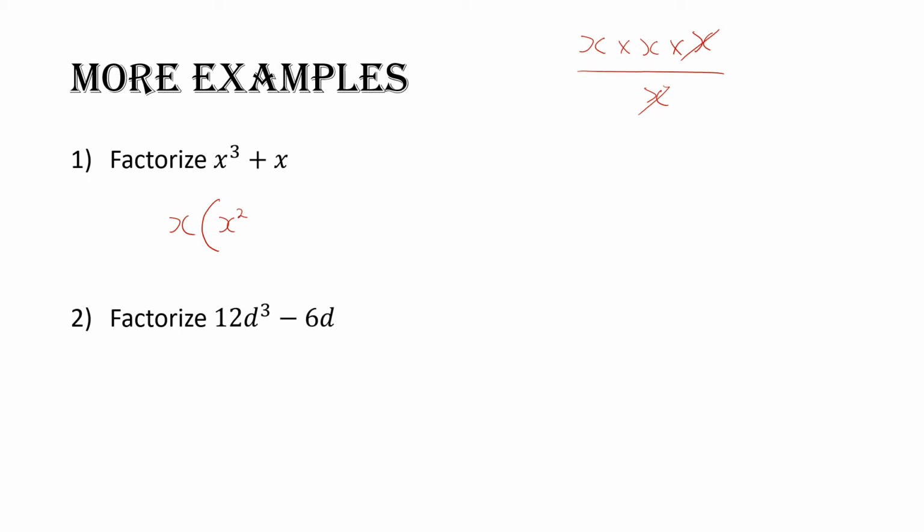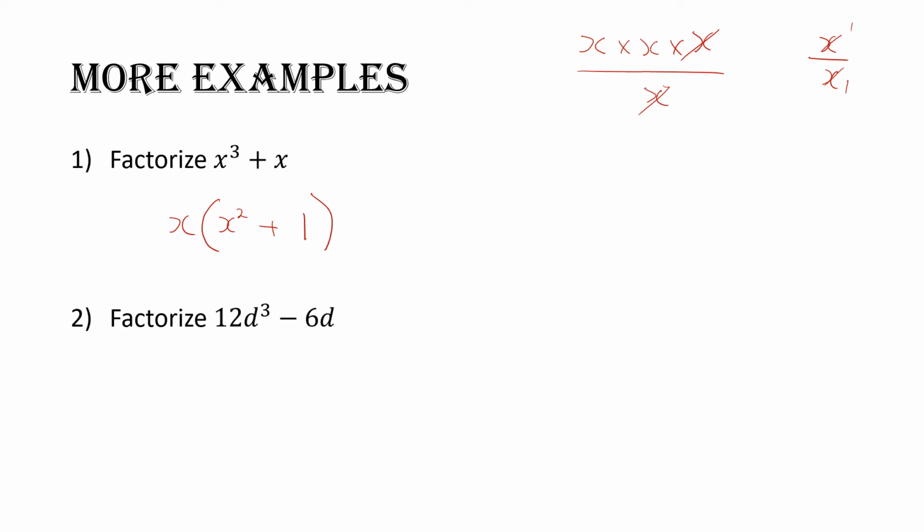Plus, if I do the same thing for x, remember this is the same as x divided by x. x could go into itself once, so we will have 1 here. And that is our answer. So if we factorize x cubed plus x, we will get x times x squared plus 1.